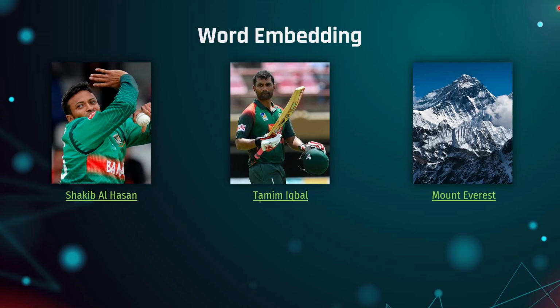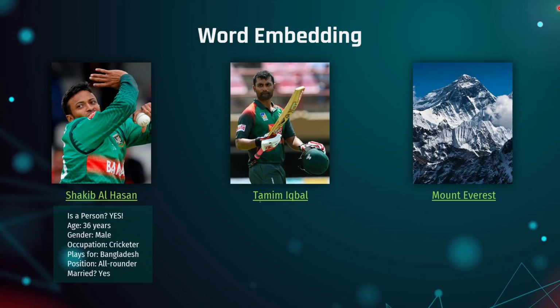So আমি যদি আপনাকে বলি, okay, describe Shakib, list some of the features of Shakib. So যেটা আপনি করতে পারেন, you can list something like this, right? So for example, I can ask, is Shakib a person? Shakib কি একজন ব্যক্তি? Yes.